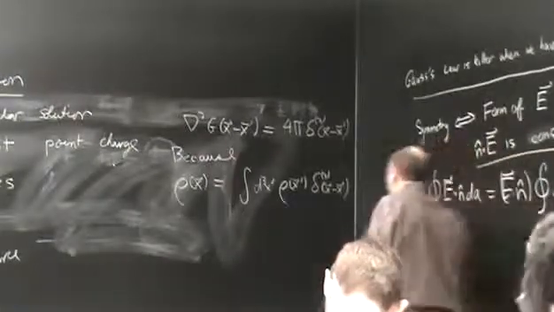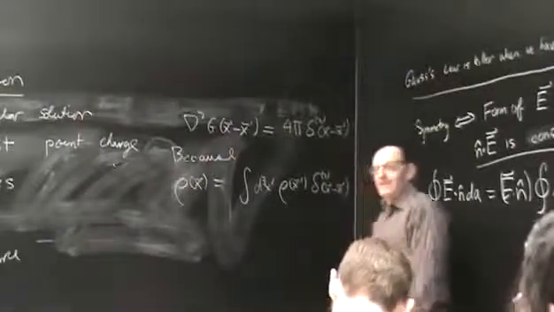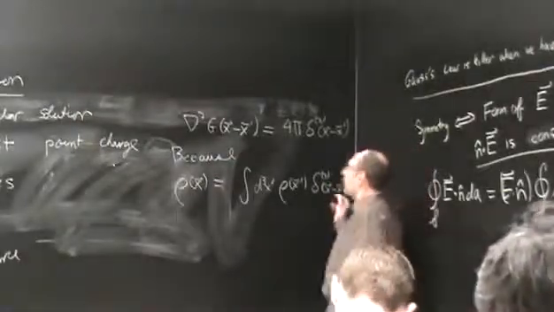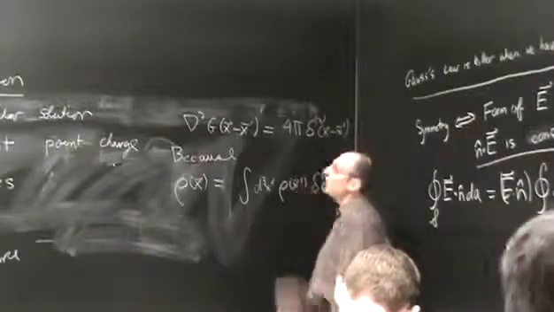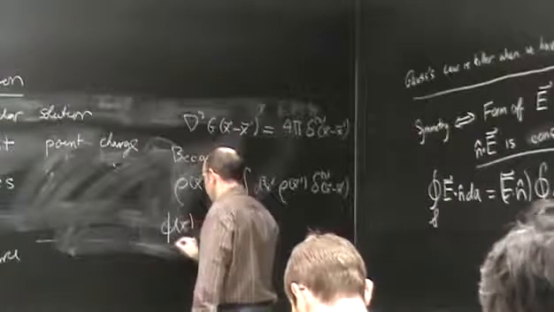Then the convolution, remember convolutions, of the Green's function with the source gives me the particular solution by linearity.